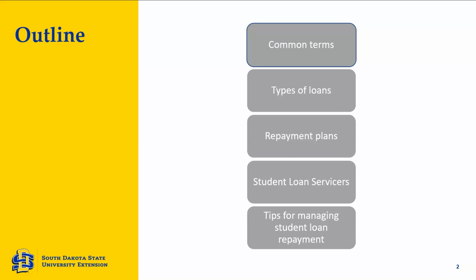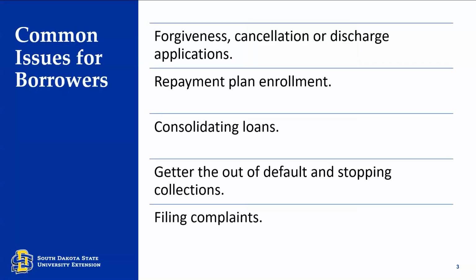But before we get into the common terms, as a little bit of an introduction, I just want to talk about some issues that borrowers are dealing with right now. Everybody really had a little bit of a break during COVID, with all loans going into deferment and the pause on interest rates for those federal loans.